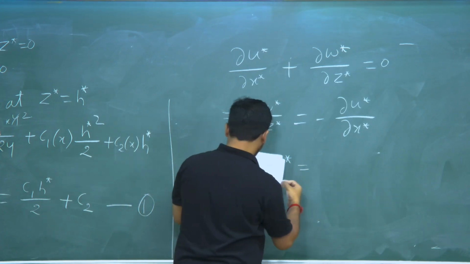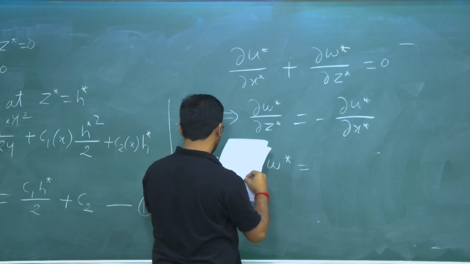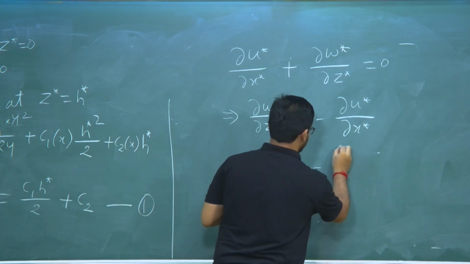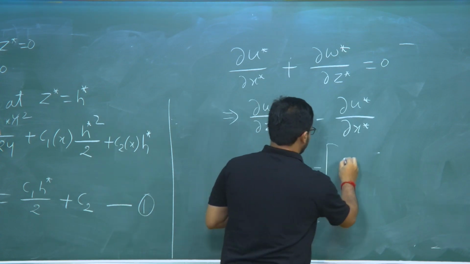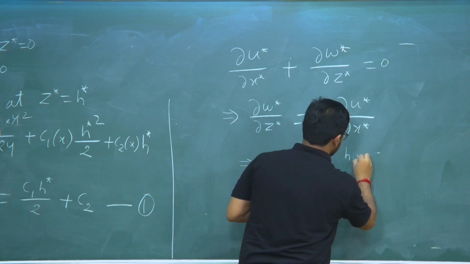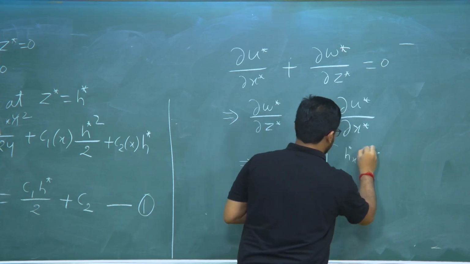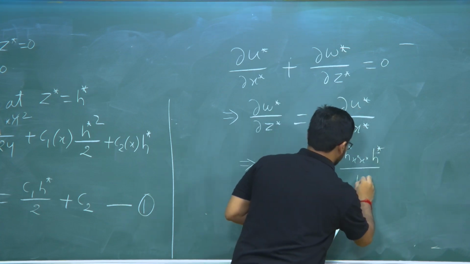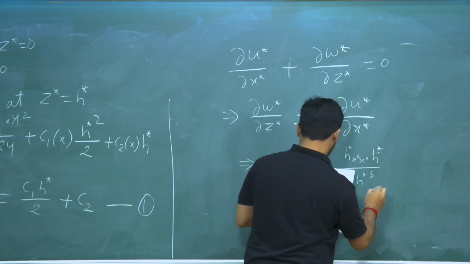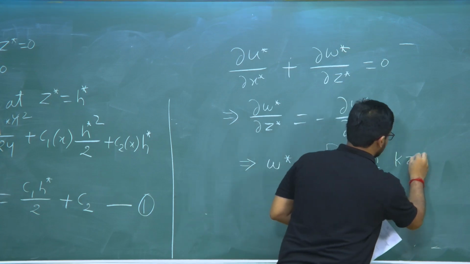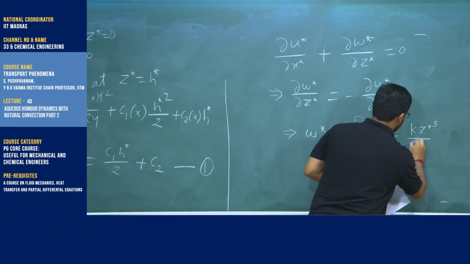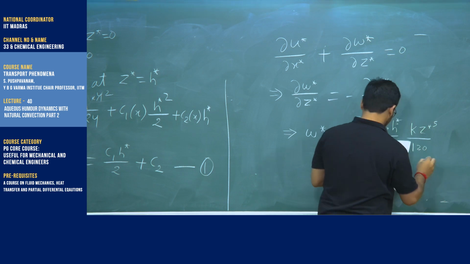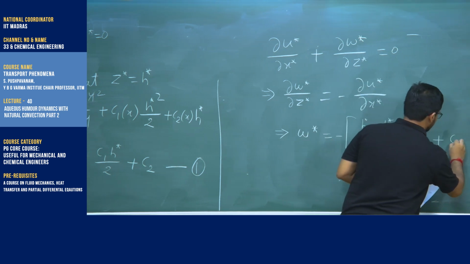So, W star will come out to be minus of h_xx star into h star by h star cube into k into z star to the power 5 by 120. You can try it in your room.